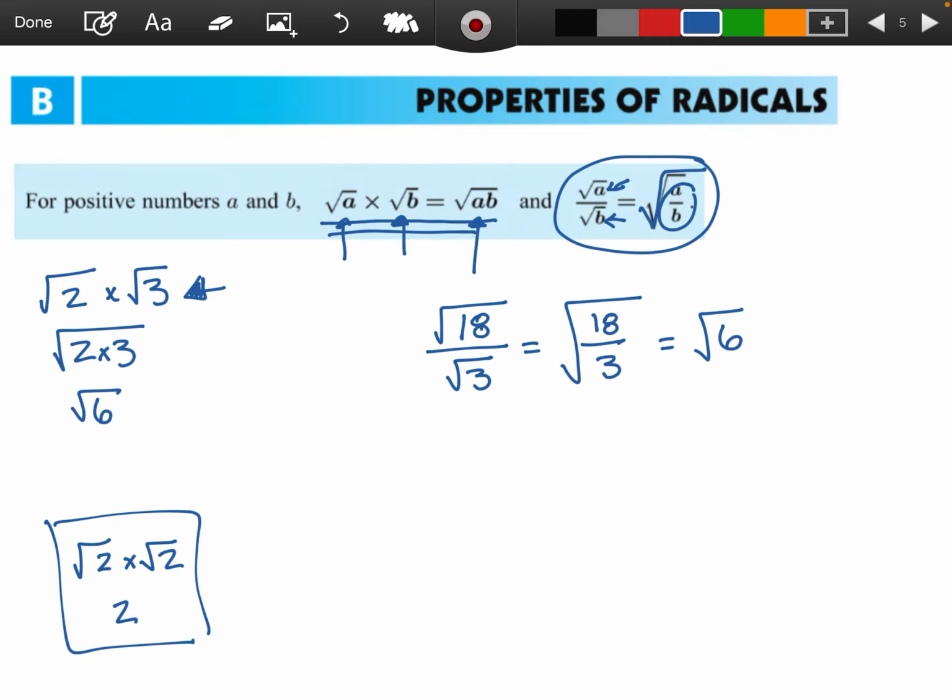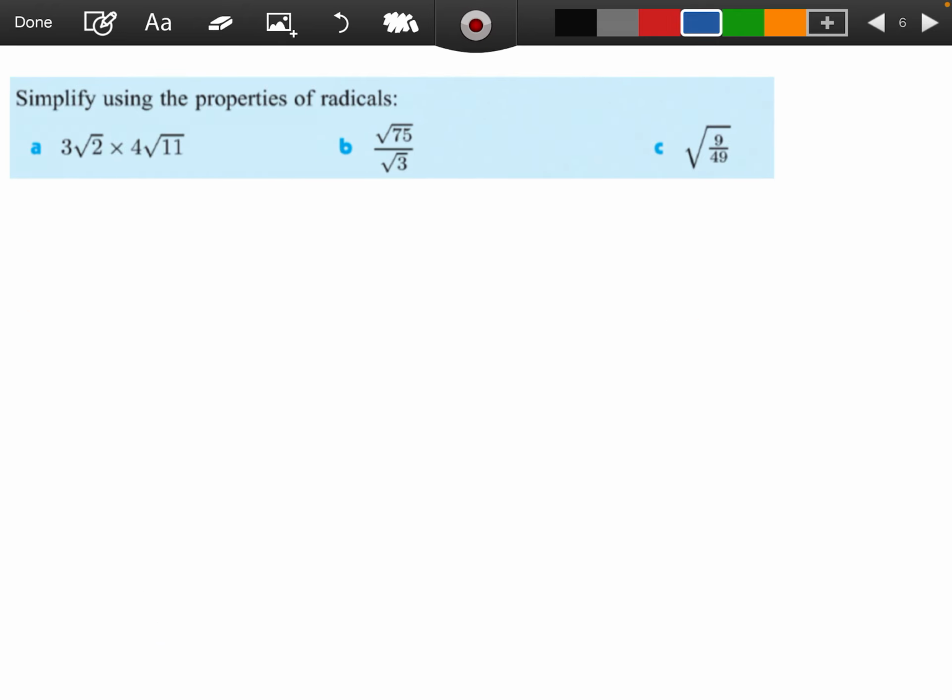So two properties that you can use interchangeably, right? You can use them to actually multiply together, or you could potentially go in reverse and split something apart. Similarly, you can use them to consolidate into a single fraction underneath a root sign, or potentially use it to break things apart if that's going to be helpful. So let's go through a few examples of these properties.